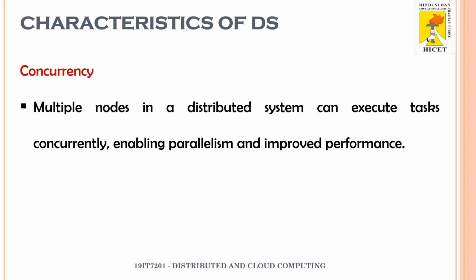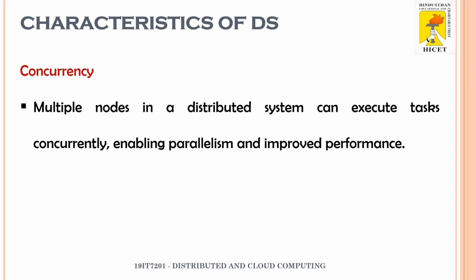As far as the distributed system is concerned, we know that multiple independent nodes are connected with each other through a common network called a computer network, either a LAN or WAN. When we have a distributed system with multiple nodes, we can assign tasks concurrently.